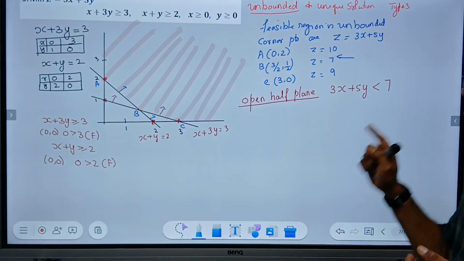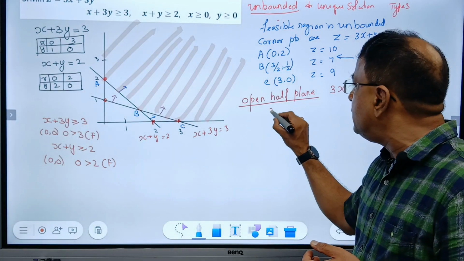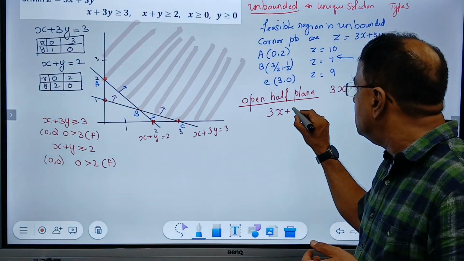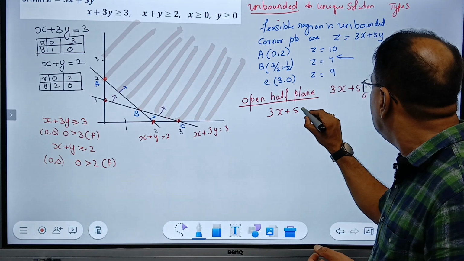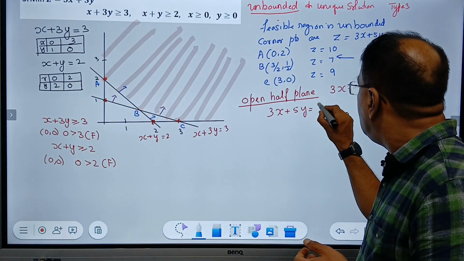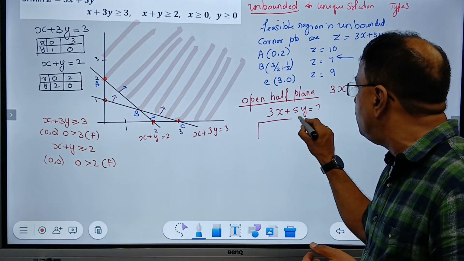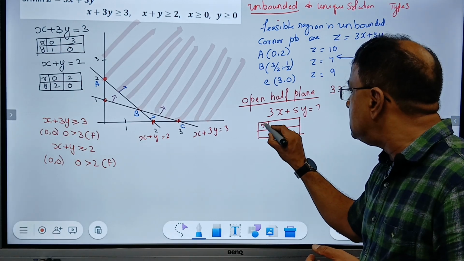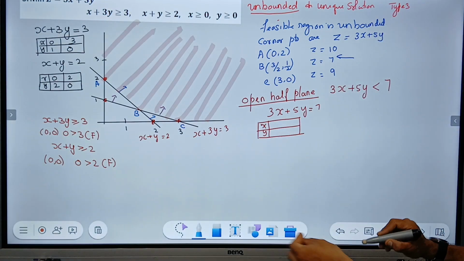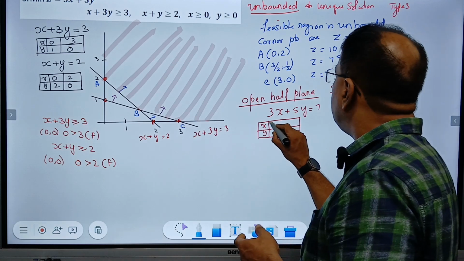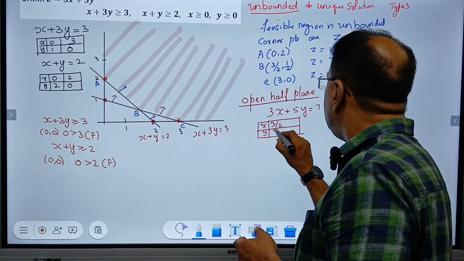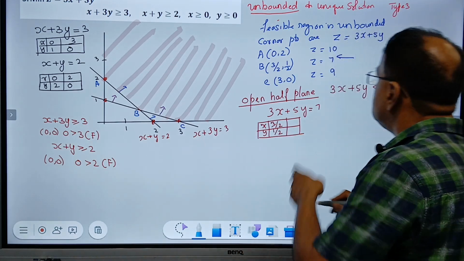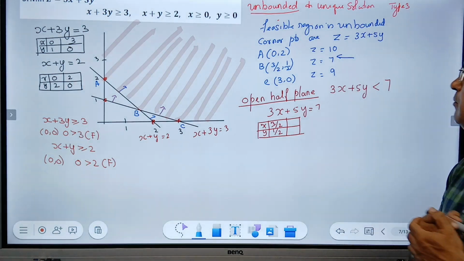You can take the equality just for the sake of calculation. Now please understand, one point will be 3 by 2 comma 1 by 2, because that is where I got 7 from.